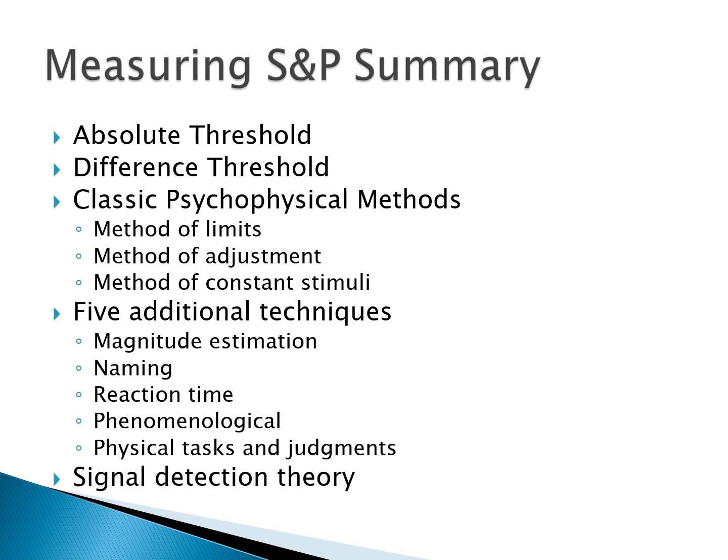We talked about the 3 classic psychophysical methods that really came from Fechner: method of limits, method of adjustment, and method of constant stimuli. Goldstein goes through 5 additional techniques, although again, I think there are more that we are going to continue to address, because we will talk about measuring brain activity and looking at sensory neurons firing in different ways.